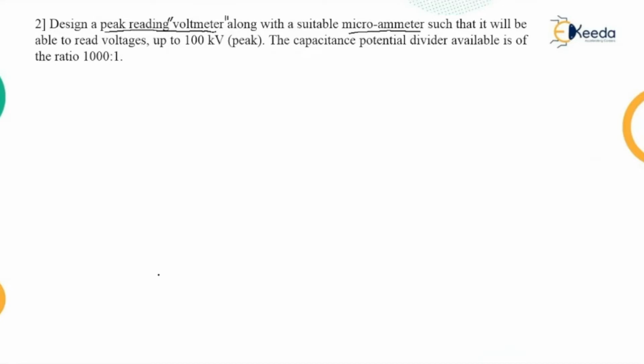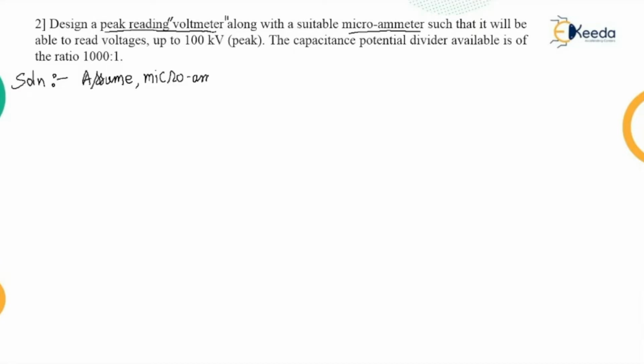So let us start with the solution. Here the numerical is on the peak reading voltmeter. We already have the equation, which is written while discussing the numerical. A few things we have to assume. Assume the microammeter, the meter which we are using, definitely has a certain range.